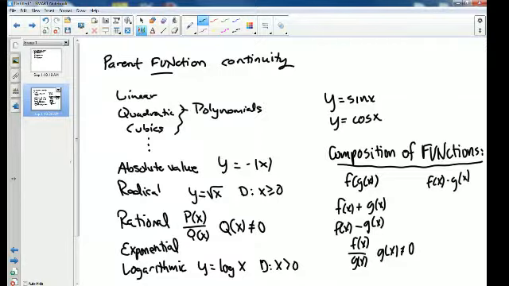Oh, yes, there is. That will be any constant. So any combination of continuous functions makes a continuous function.